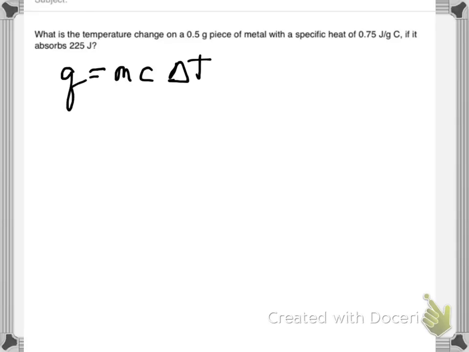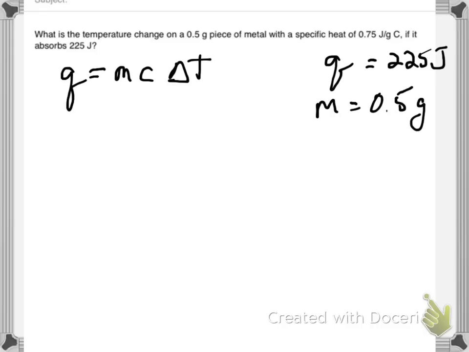And so we're going to, again, write down our values, what our knowns are. We know that Q is equal to 225 joules. Then we have M, and our mass is 0.5 grams. And the other piece of information we have this time is we know what the specific heat is.